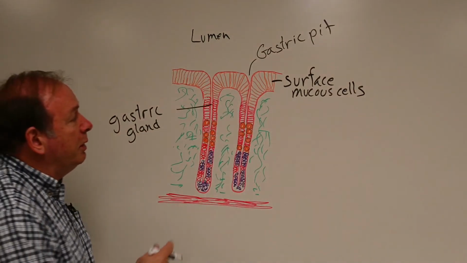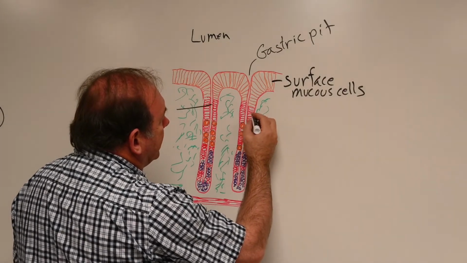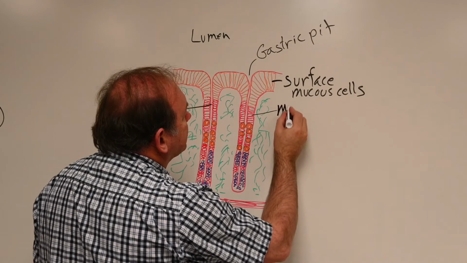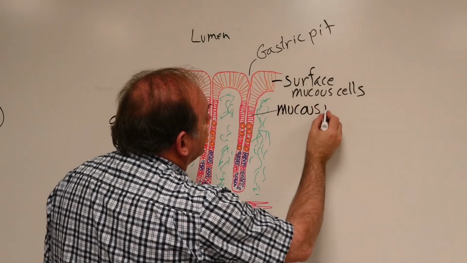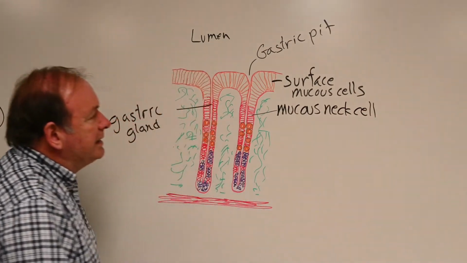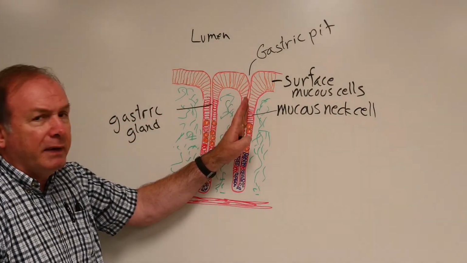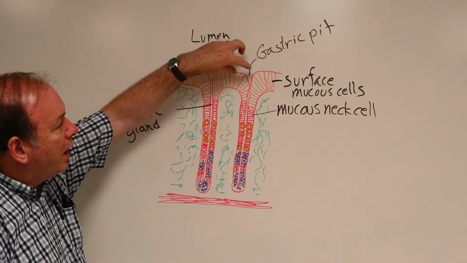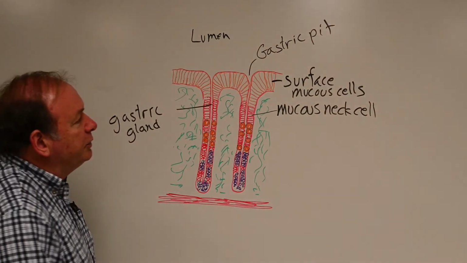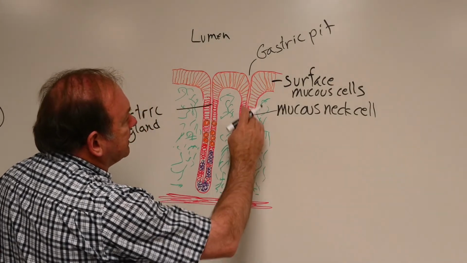We see a smaller, more compact mucous cell that stains just a little differently, and we refer to that as a mucous neck cell. Mucous neck cell because it's down in the neck of the gland after we go through that broader gastric pit and get into this part. It tends to narrow, so they call it the mucous neck cell.